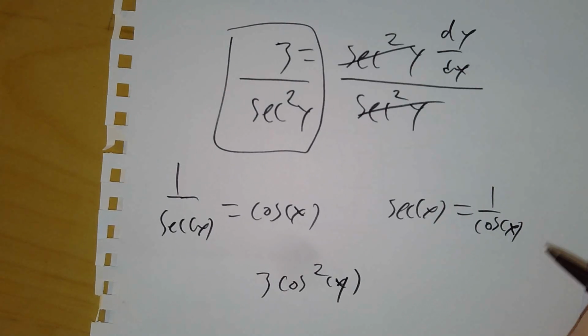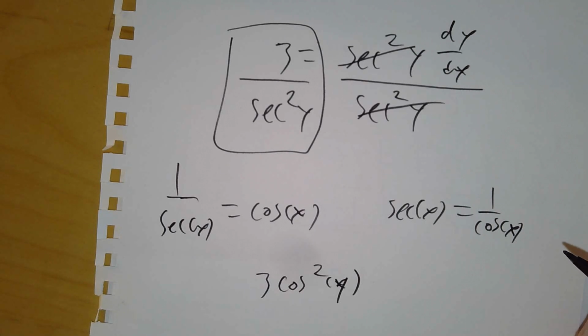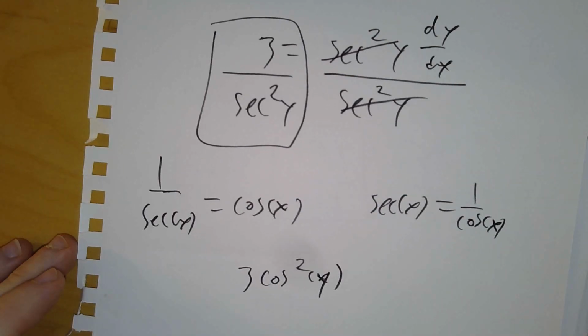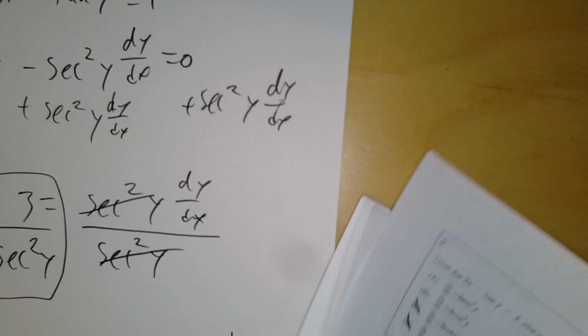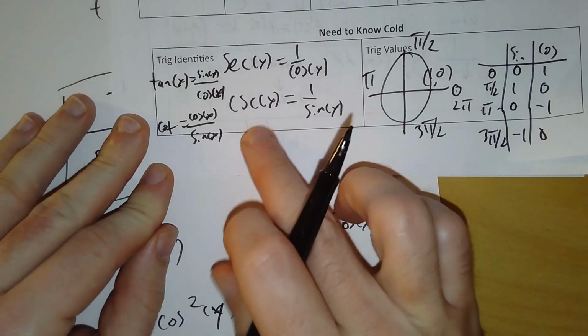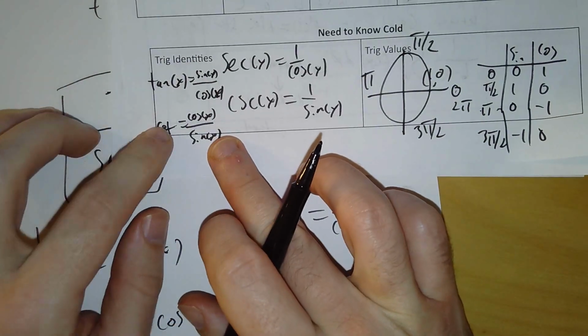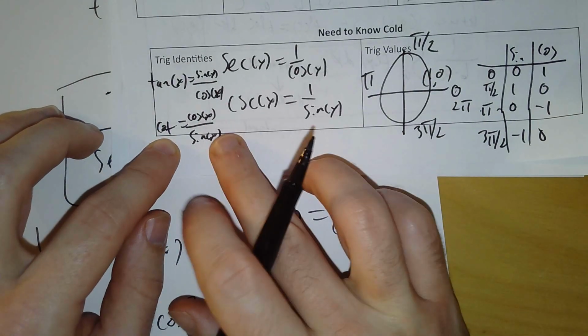So just associate secant with cosine and cosecant with sine. Weirdly, they're the other way around. Secant's with cosine and cosecant's with sine. And again, that's just memorizing those identities that I told you, the 4 identities at the beginning. Sometimes it'll be written like cosine over sine, and it'll say cotangent is the answer, not cosine over sine, right?